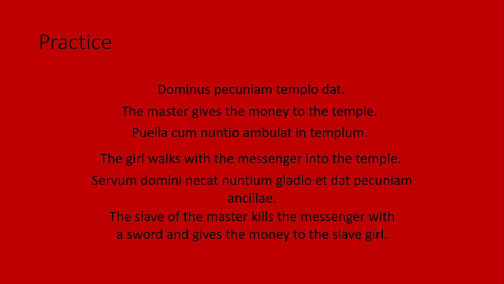And the last one: the slave of the master kills the messenger with a sword and gives the money to the slave girl. So we have domini in the genitive case to show possession.